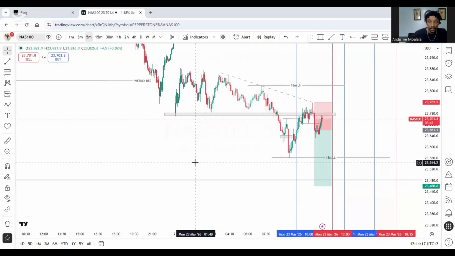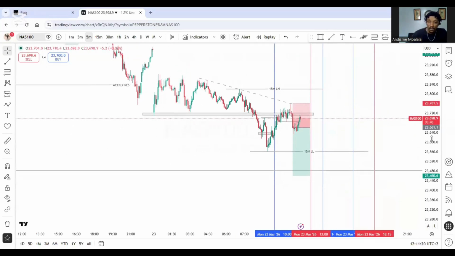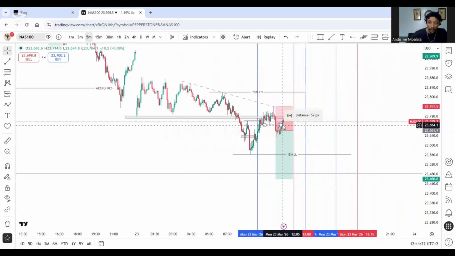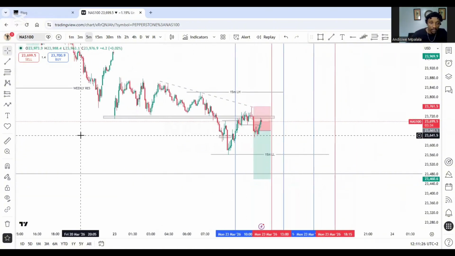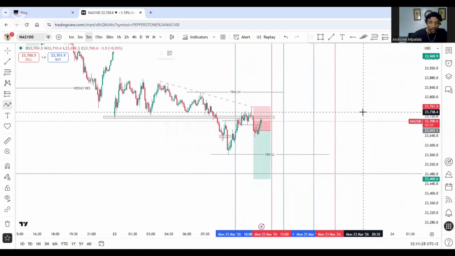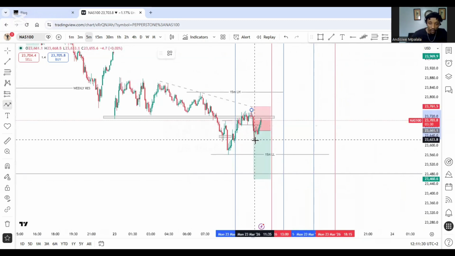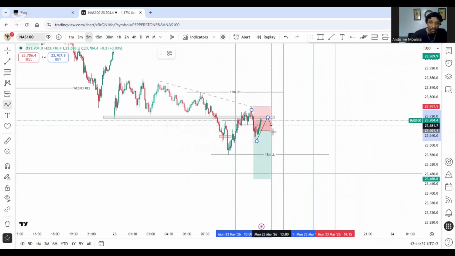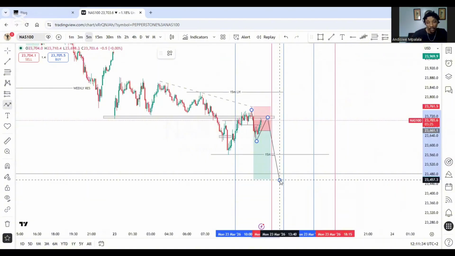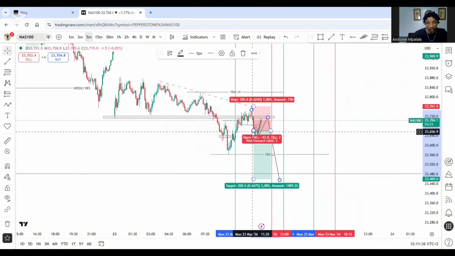Right, update. So it seems like at the moment we are finishing up the retracement. Remember, we said we wanted price to break, retrace, and then continue down. Obviously we've taken a position here.